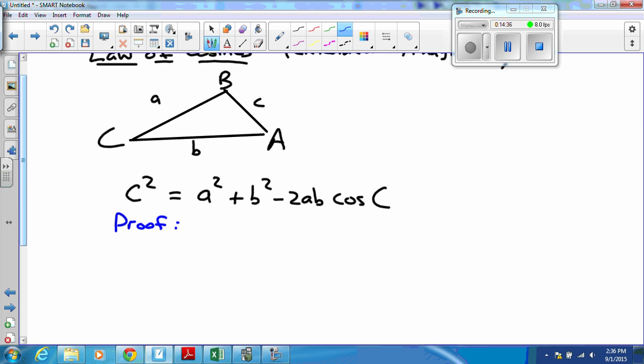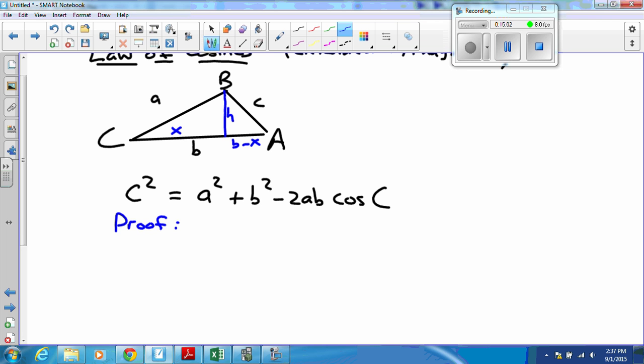We're going to drop ourselves a perpendicular, and we'll call it H right here, from point B, just as we did previously. And when we do, we're going to mark this part right here as X, and this part right here is therefore b minus x.